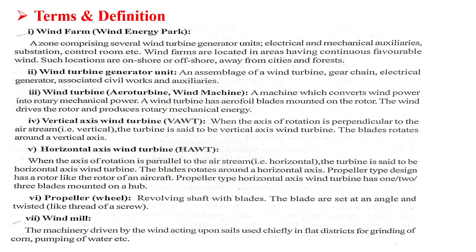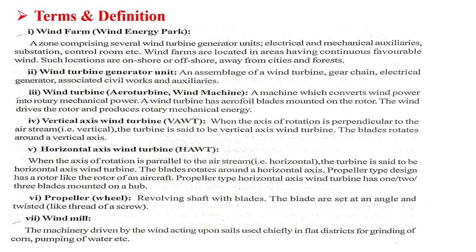Propeller type design has a rotor like the rotor of an aircraft. Propeller type horizontal axis wind turbine has one or two or three blades mounted on a hub. Propeller wheel: revolving shaft with blades.